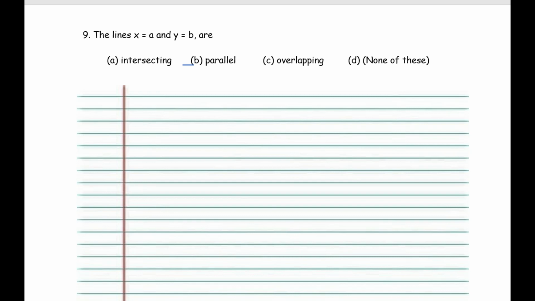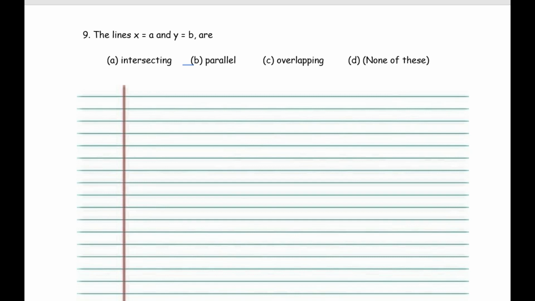Students, now moving to question number 9. Question number 9. The lines x equals a and y equals b are. Students, the line x equals a is parallel to the y axis and y equals b is a line parallel to the x axis. Therefore, they are definitely intersecting.